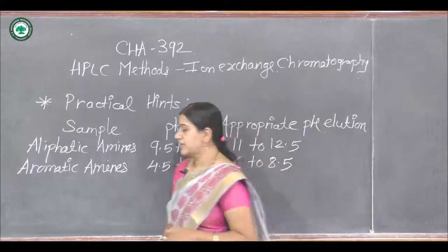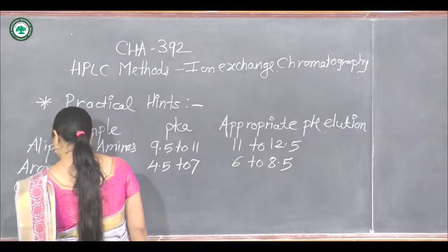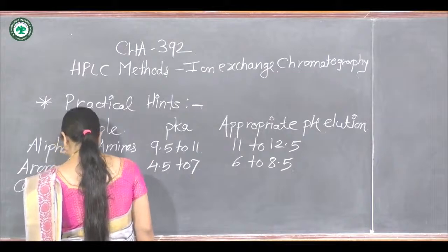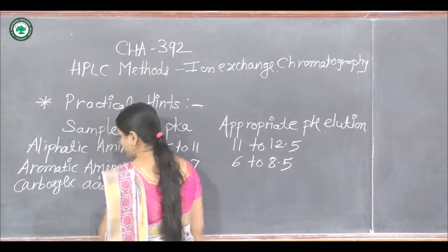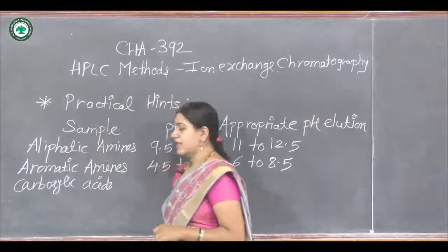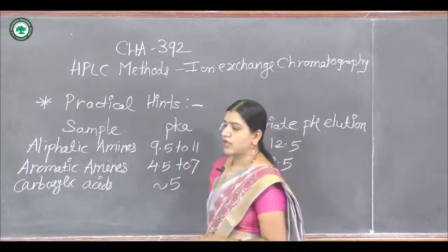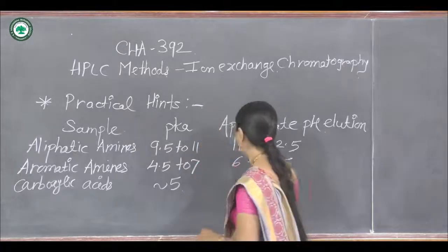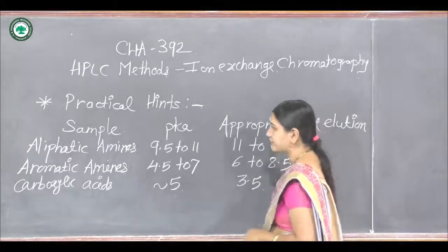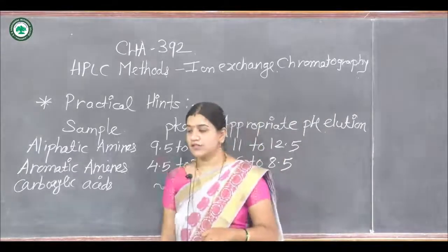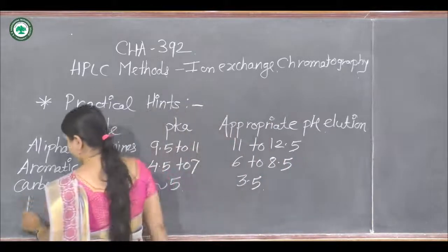Now the next category of sample is the carboxylic acids. In this case, the pKa is nearly equal to 5, and the appropriate elution pH is in the range of 3.5. After the carboxylic acids, the next one is the phenols.